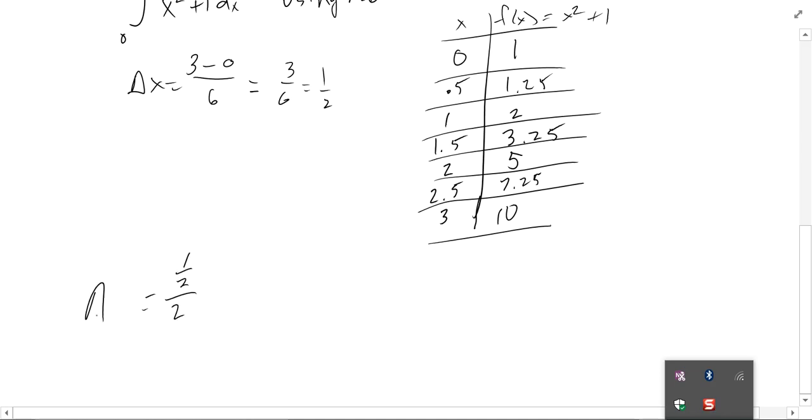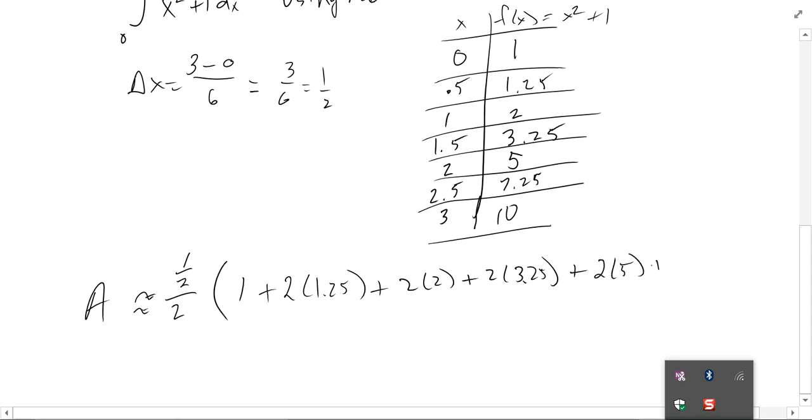My area is going to be approximately equal to 1/2 divided by 2 multiplied by 1 plus 2 times 1.25 plus 2 times 2 plus 2 times 3.25 plus 2 times 5 plus 2 times 7.25, and then plus 10. So there's no 2 with the very first one and no 2 with the very last one, but 2 on all the others in between.